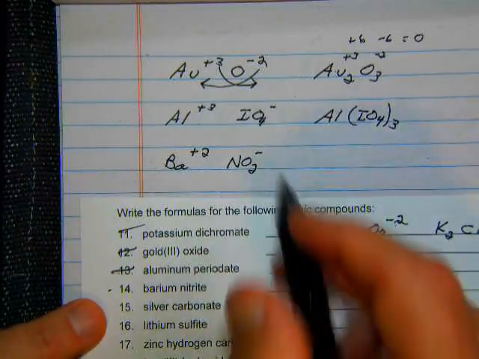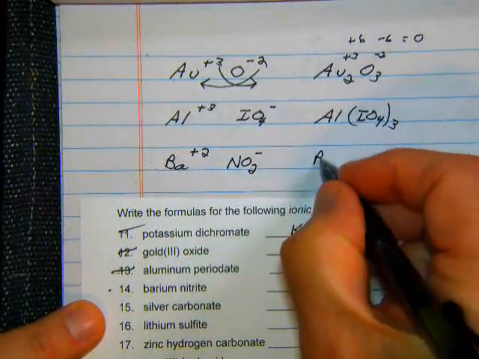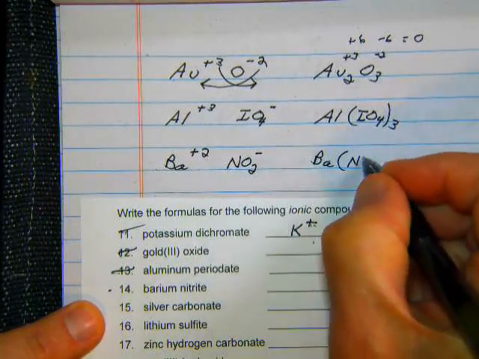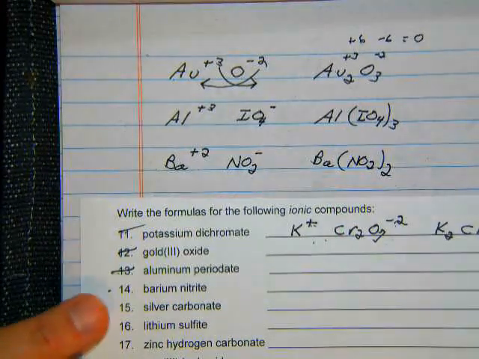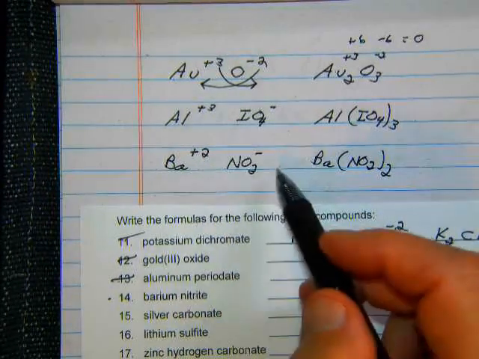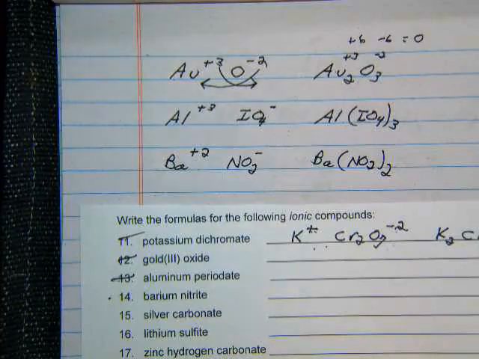So again, we would do the swap and drop here. So we'd have barium, and we need 2 of the nitrite ions, so NO2, 2. And again, 1 times the +2 is 2, 2 times the -1 is -2, and that would equal 0.